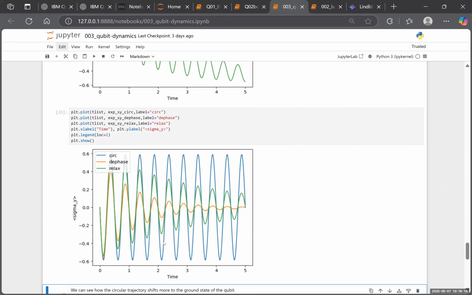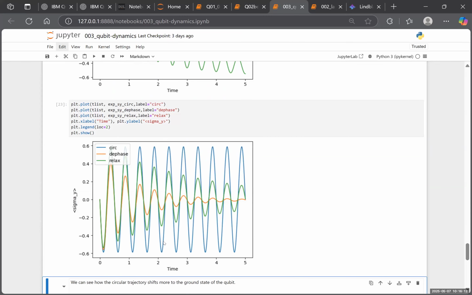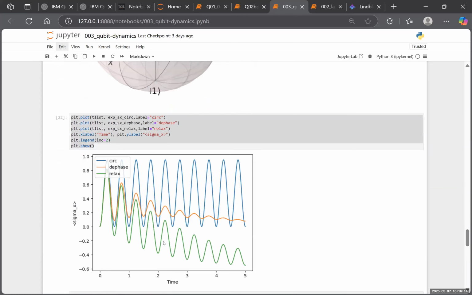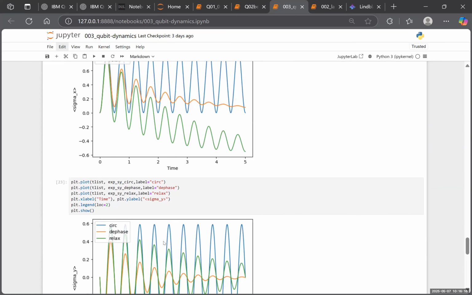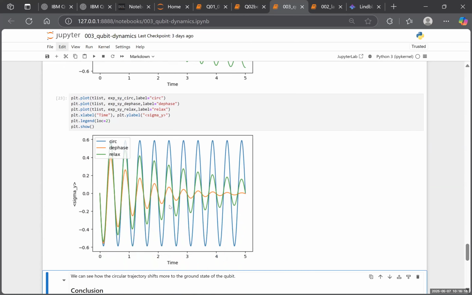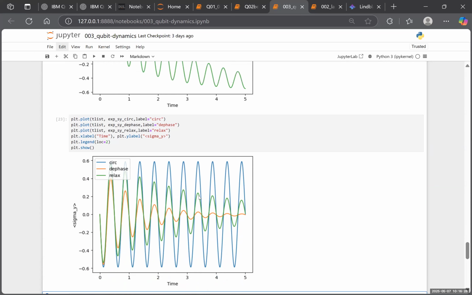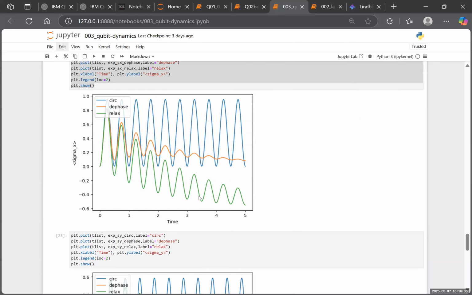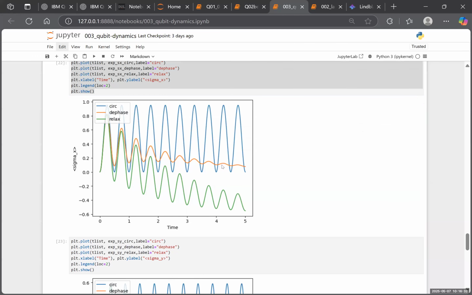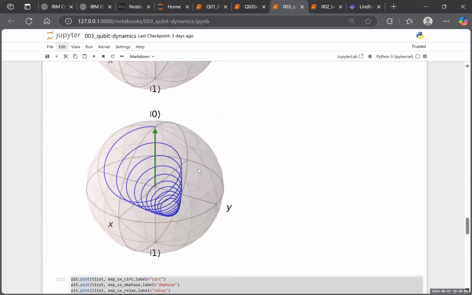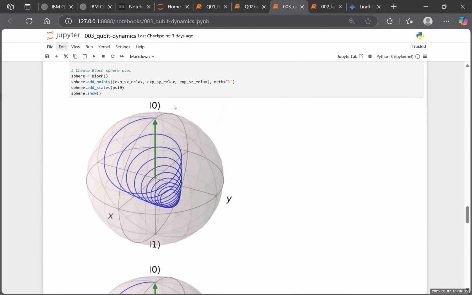Let's try it; y is actually different. So they all decay, the two, dephasing and relaxation, they all decay to 0. So we start with 0 here.